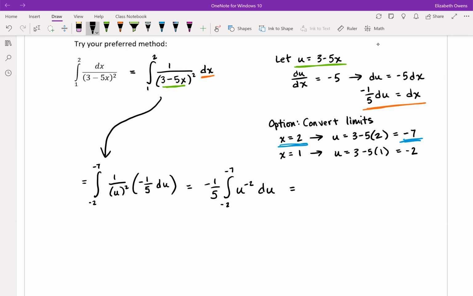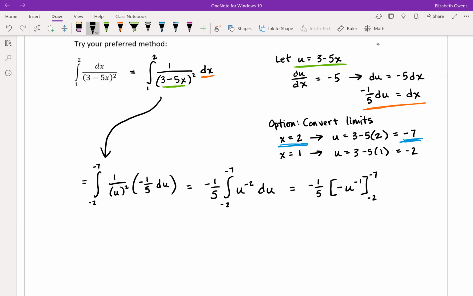Now this integral is at a nice place where we can take the antiderivative. That's the goal here. So -1/5, antiderivative would be -u to the -1 power. Make sure you ditch that du once you do your antiderivative. You don't need that anymore.